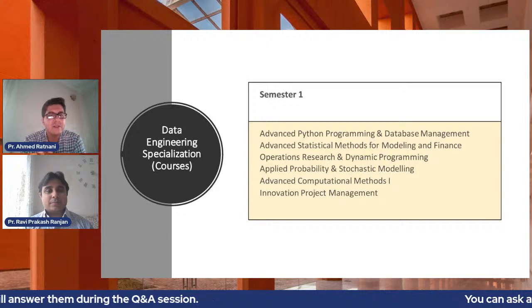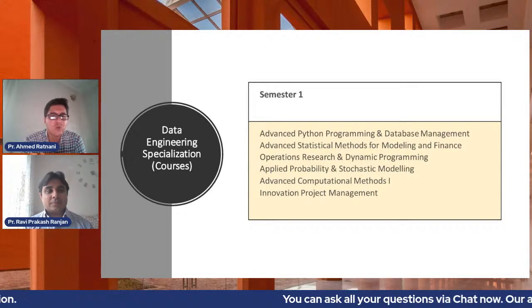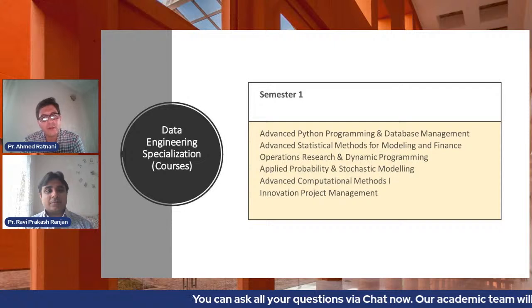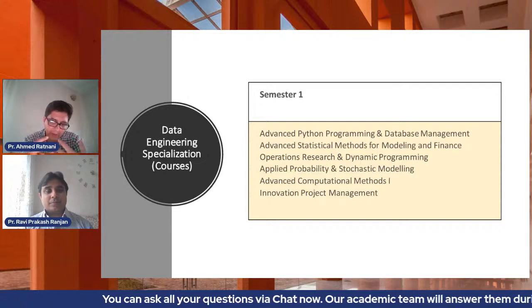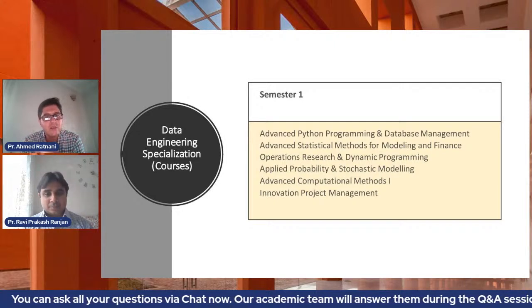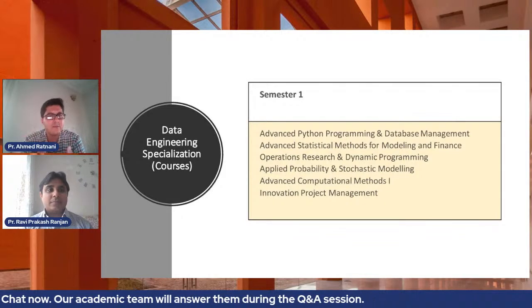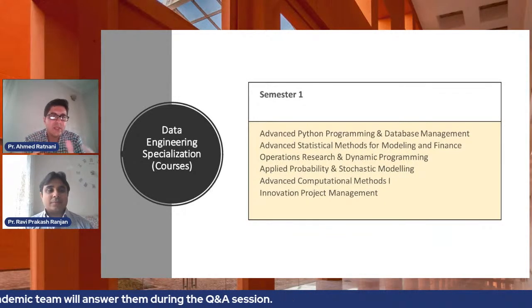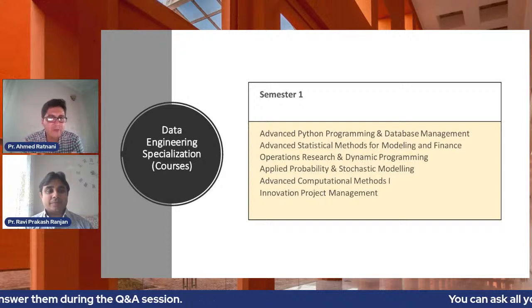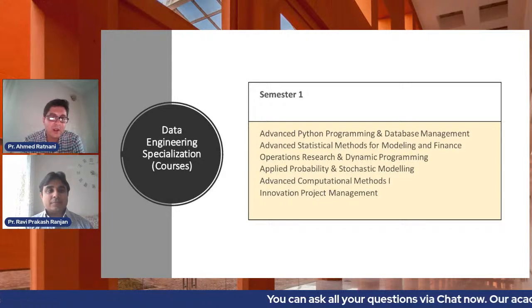Then at the end, there is a course on innovation project management. And here, what we want is really to initiate and allow students to develop this notion of innovation, because this field that is really high tech, but at the same time very applied and highly demanded, is a field where there can be a lot of innovation.